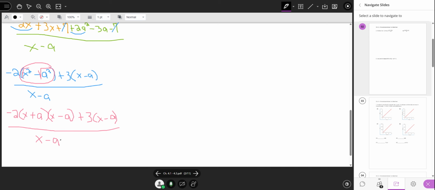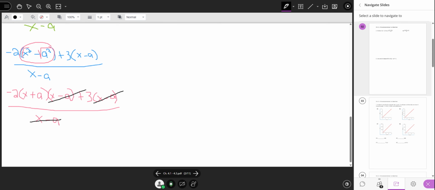Now, all 3 pieces have an x minus an a. So we've got negative 2 x plus a and plus a 3.